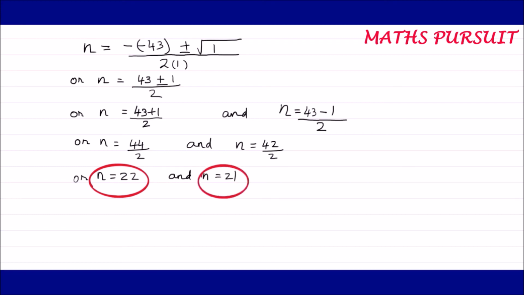As per the question, it was asking us how many terms of the AP 63, 60, 57 must be taken so that the sum is 693.